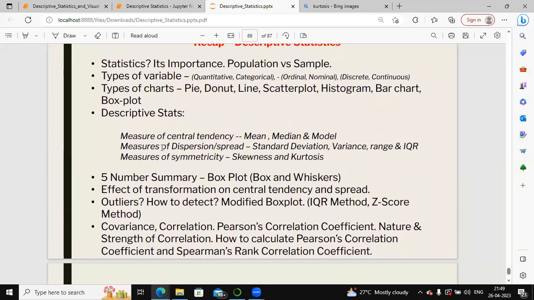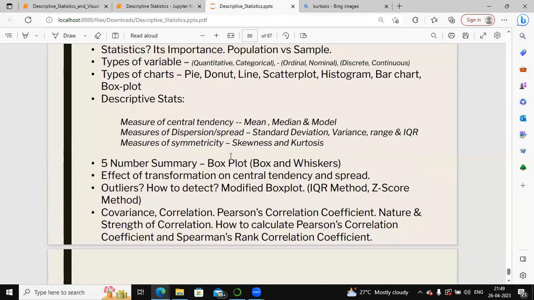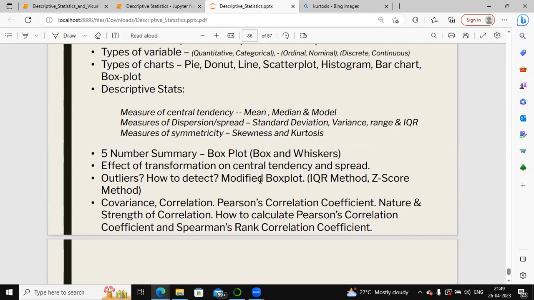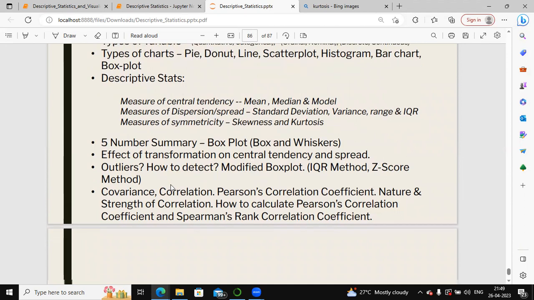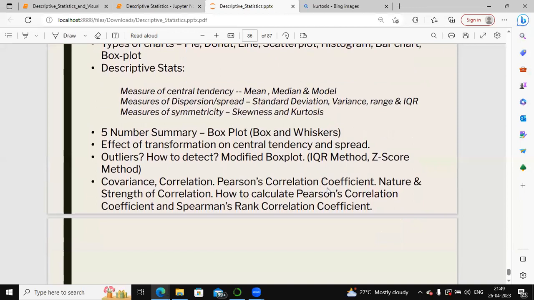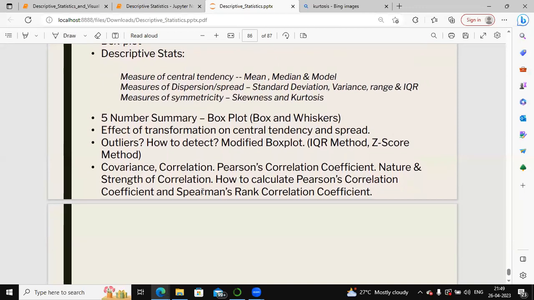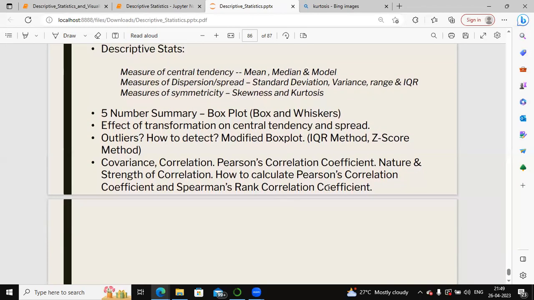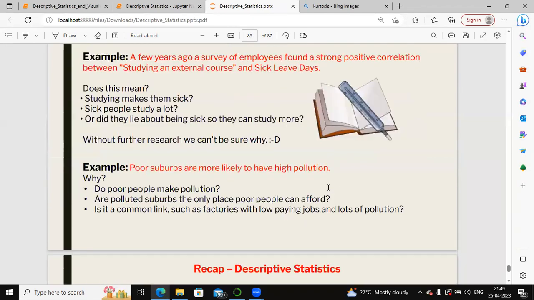We have also seen descriptive stats like measures of central tendency, spread, and symmetry. We have seen the five number summary, outliers and the modified box plot and how to detect them. We have also seen covariance, correlation, Pearson's correlation coefficient, nature and strength of correlation, how to calculate Pearson's correlation and Spearman's rank correlation coefficient.